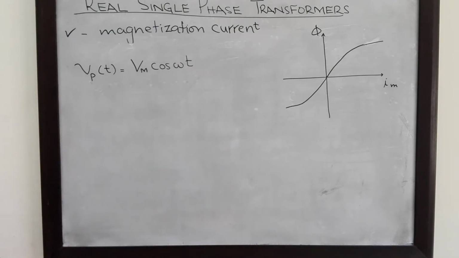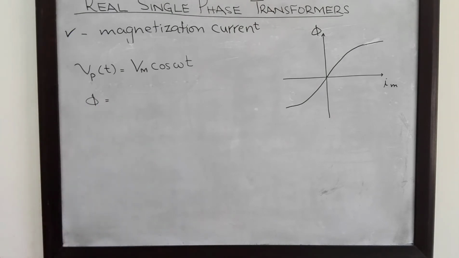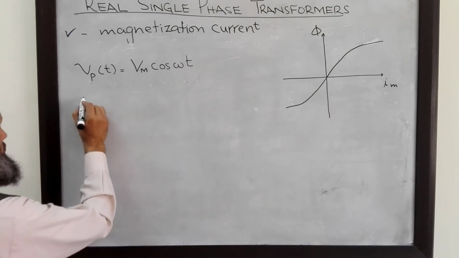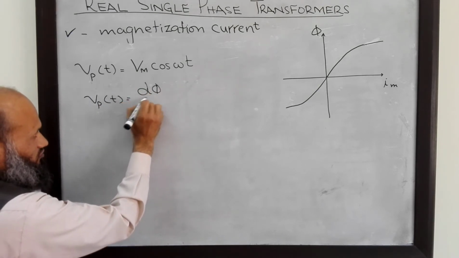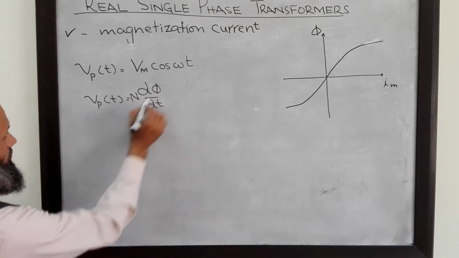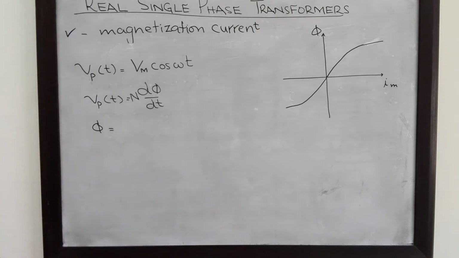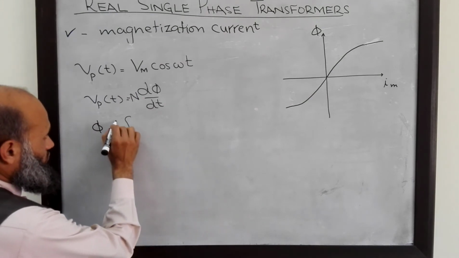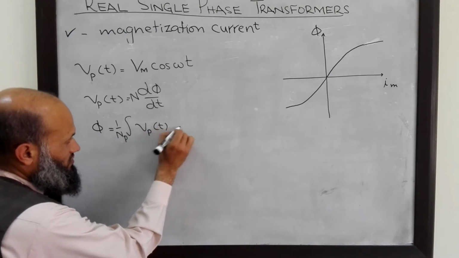We know that Vp of t is equal to N dφ/dt. Therefore, flux is equal to the integral of the voltage, 1 over Np times Vp of t.